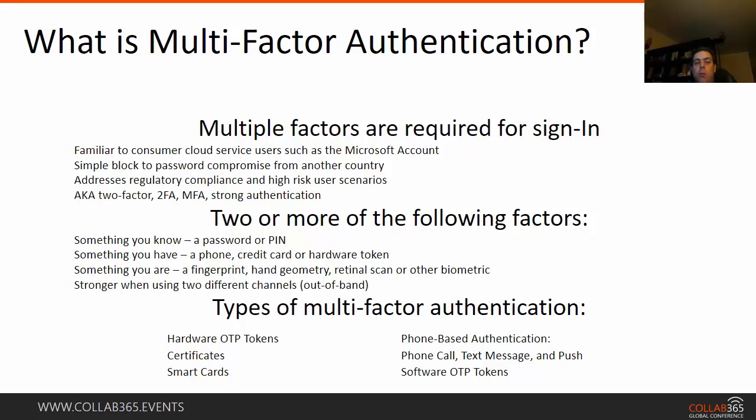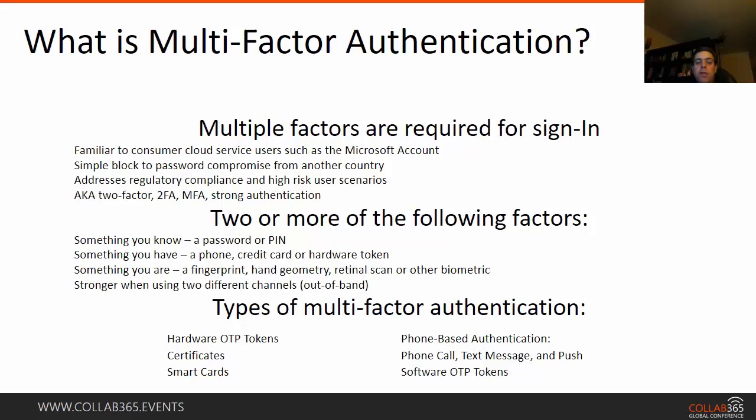With two or more of the following factors, for example, something you know, a password or PIN, something you have, a phone, credit card or hardware token, or something you are, a fingerprint, hand geometry, retinal scan, or other biometrics.